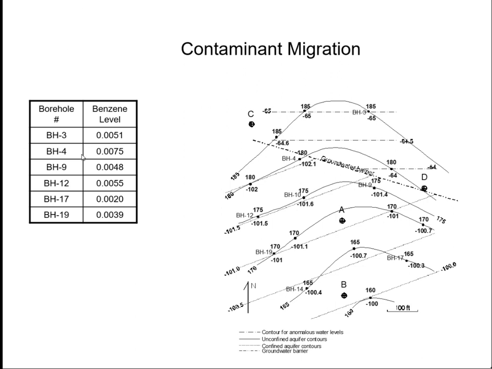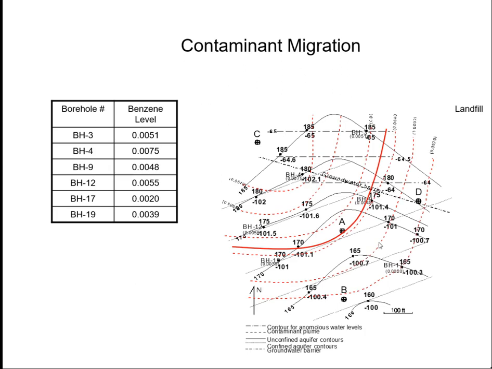But when we plot the benzene levels at these various boreholes that we have listed, and I connect my points of equal value and bracket points of like values, I get something that looks like this. Yours isn't going to look exactly like this. Everybody draws this a little bit differently.